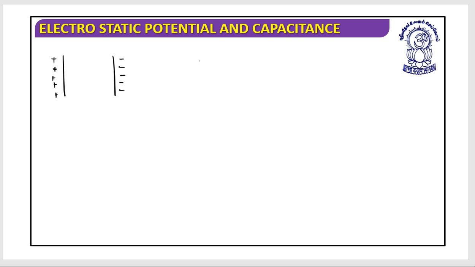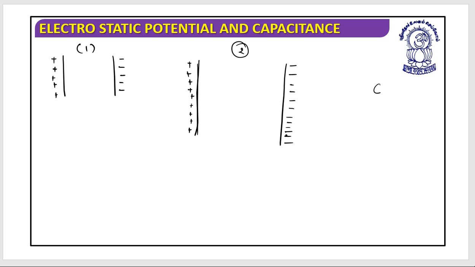But if I choose a capacitor something like this, then I hope you can understand that this second version of the capacitor can store a much larger amount of charge as compared to the first capacitor. Yes, so C is directly proportional to the cross sectional area. As soon as the area is increasing, capacitance is increasing.